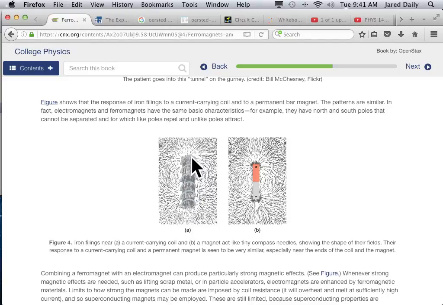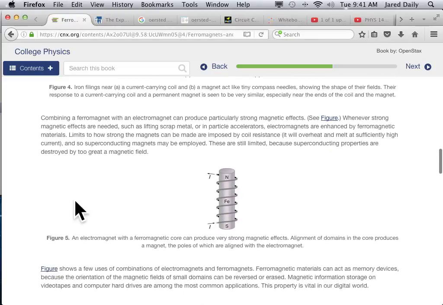And then as it gets out of those loops, it goes around outside the entire loop and comes back in. So it looks just like this field, very similar. So scientists started to realize that they could make their own magnets that they could turn off and on as they turned off the current and turned on the current. And that could be quite useful.